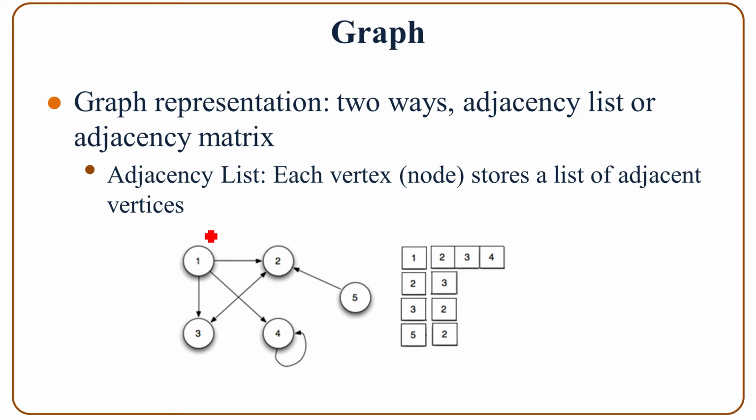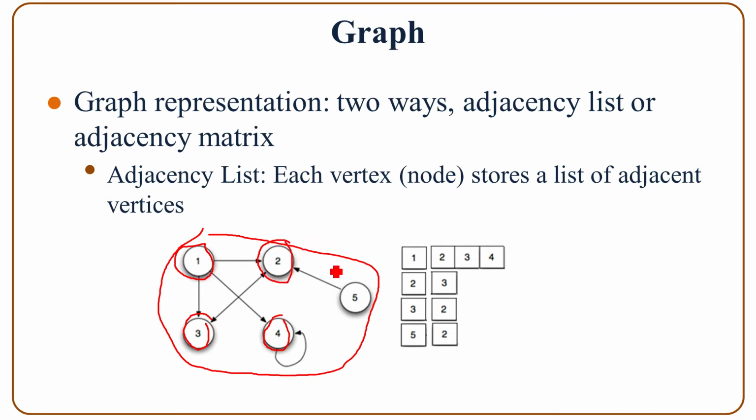So, given this graph, node 1 has a list of adjacent nodes, such as 3, 4, and 2.